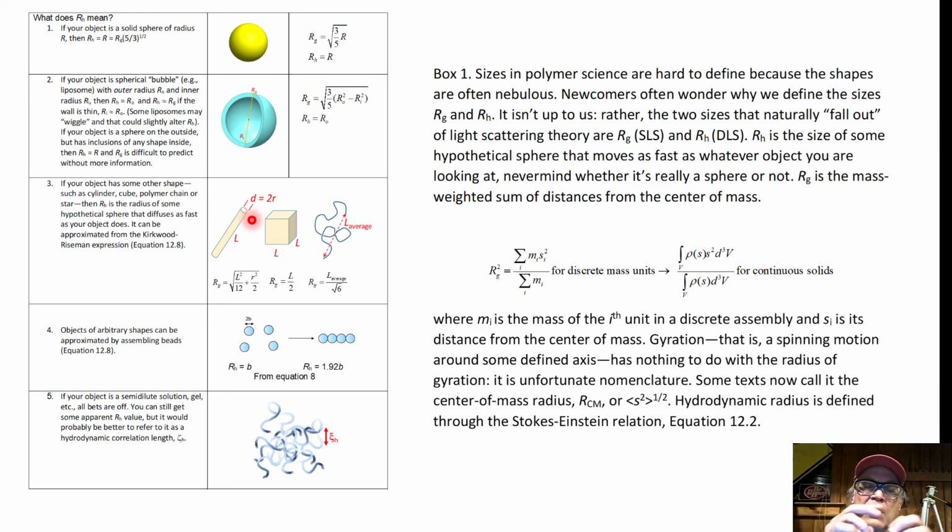The hydrodynamic radius of that cube is the size of a spherical object going 10 to the minus 7th square centimeters per second. So it's defined through how fast the object is going. That's what you need to know.